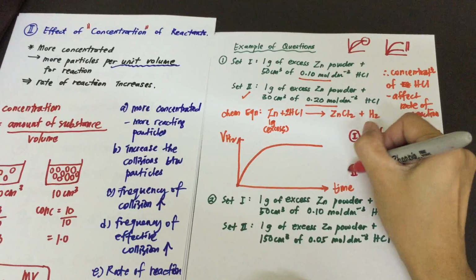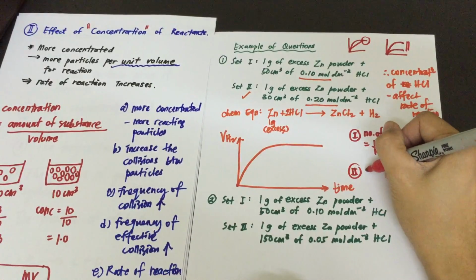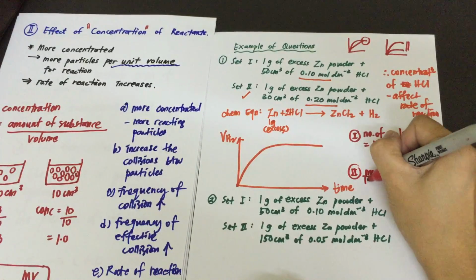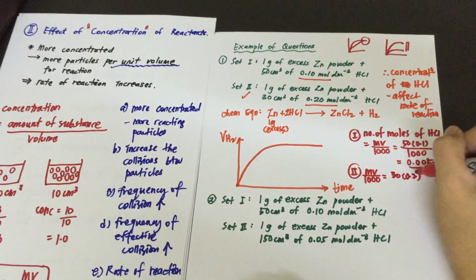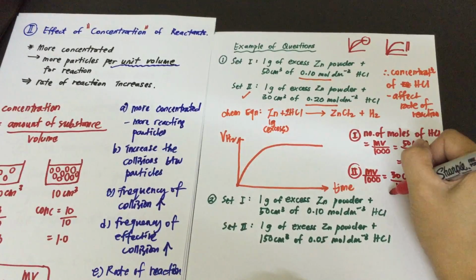While for set 2, the number of moles equals MV over 1000 equals 30 multiplied by 0.2 divided by 1000.